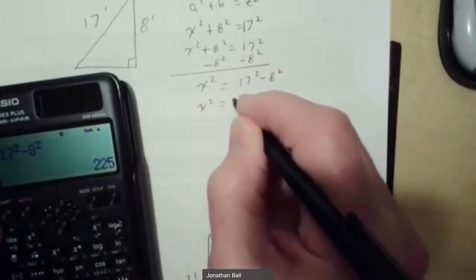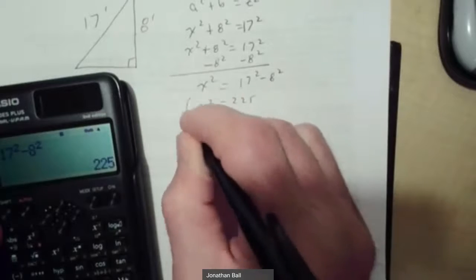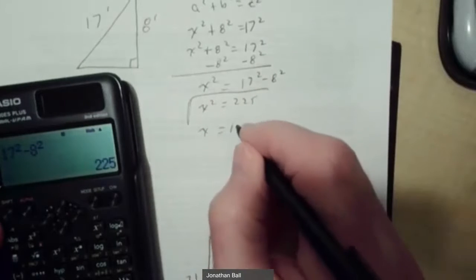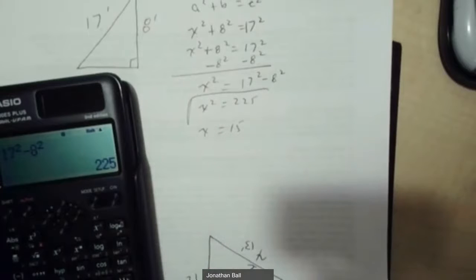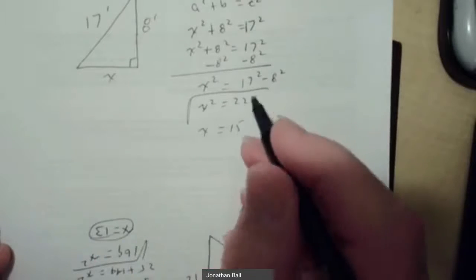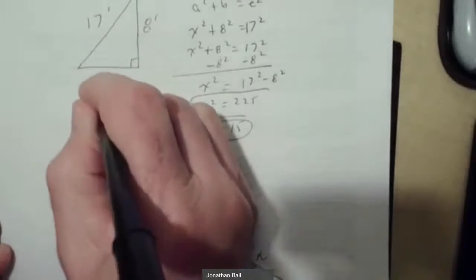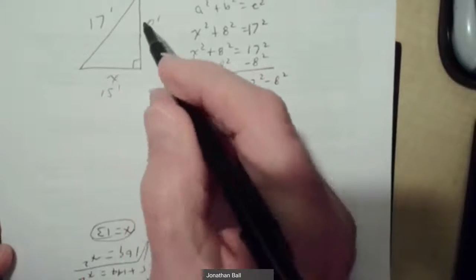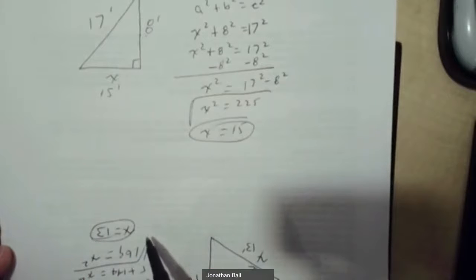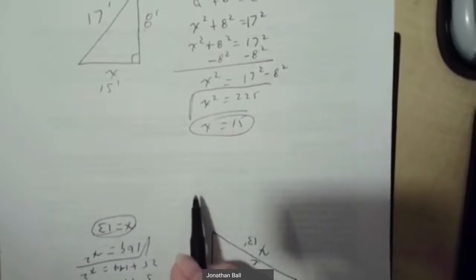So x squared equals 225. Square root, x equals, I think that's 15. Take the square root of the answer, 15, yeah. Does it make sense? Is it reasonable? 8, 15, and the hypotenuse is 17. It's the longest side, so yes, we are correct.